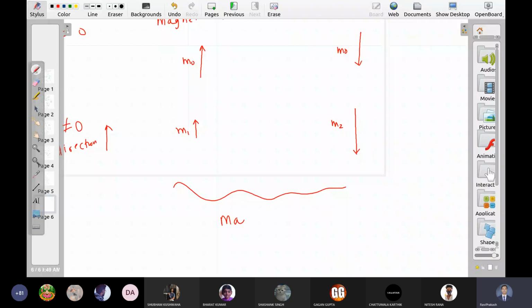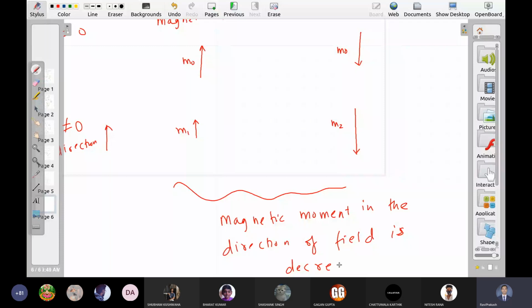Can I say the magnetic moment in the direction of field is decreasing? Right?